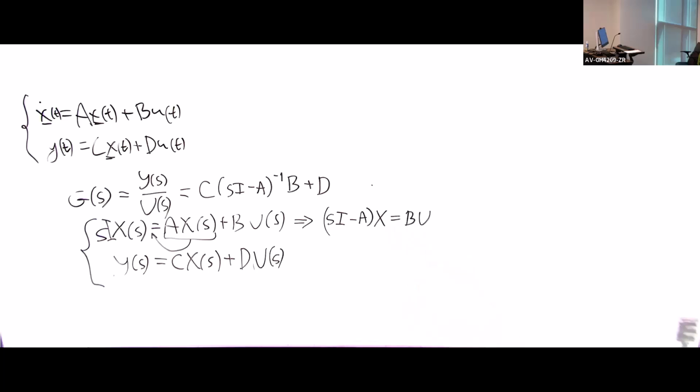Right? So now I want to get rid of that thing to write what x is. So x will be, multiplying by the inverse from both sides, you will get (sI minus A) inverse Bu. Right? Something like that. And now y will be equal C times that thing plus Du.